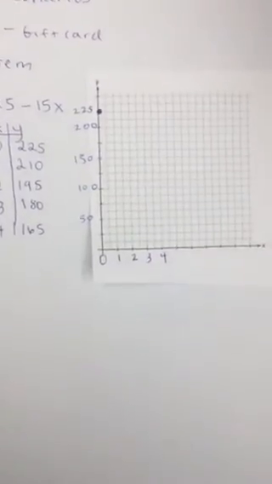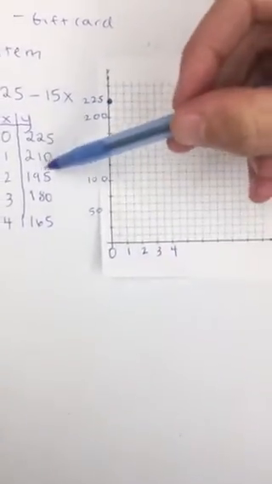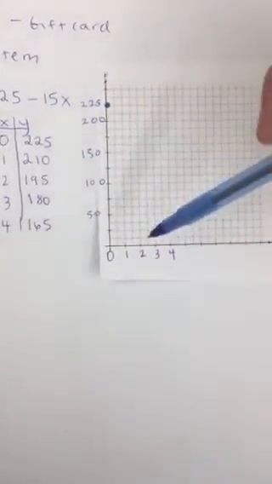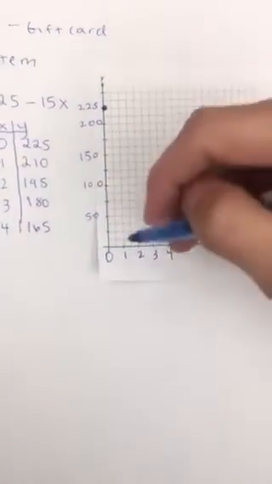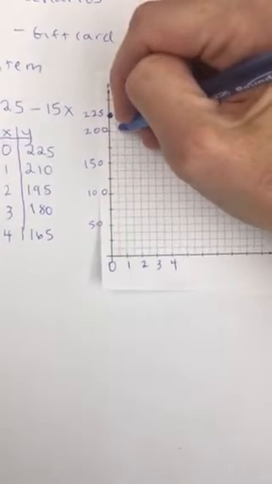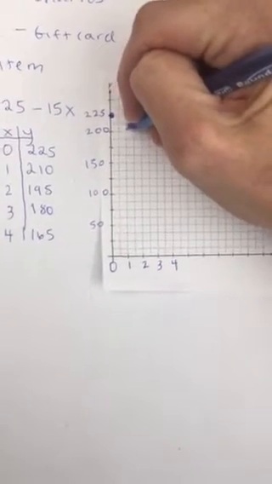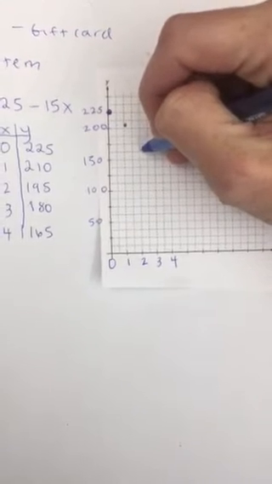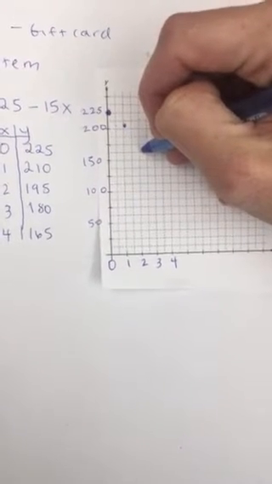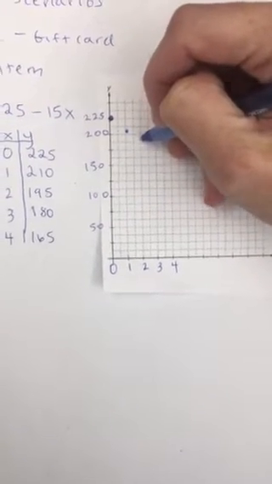Now when I go to model the rest of the points, these values are not going to be at specific points. So I'm just going to estimate their location, like 1, 210. Let's see, 210 is probably about here. And then 2, I'm going up to 195, so a little less than 200.